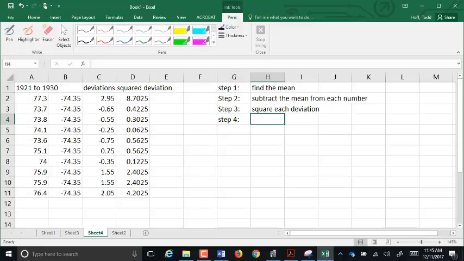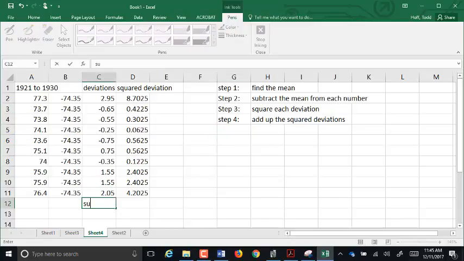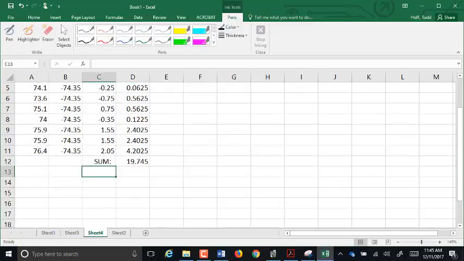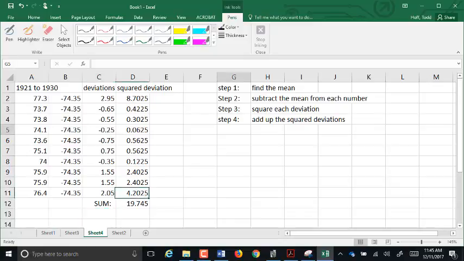What's step 4? Yes, we're going to add up those results from step 3. So we've got the 19.745. What is step 5?